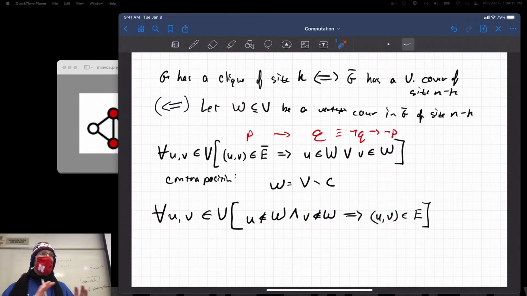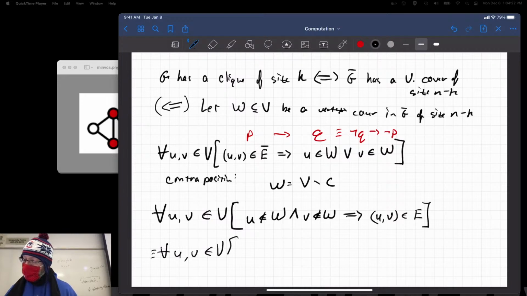You can form, for all such pairs that apply to this premise right here, in other words, for all U comma V in the vertex set, U comma V in V set minus C, or no, I don't want this. Sorry. Does V stand for the vertex set? Yes, that's the vertex set, which is the same on both graphs, right?